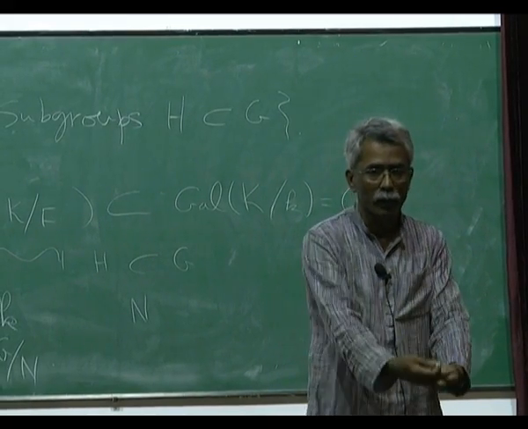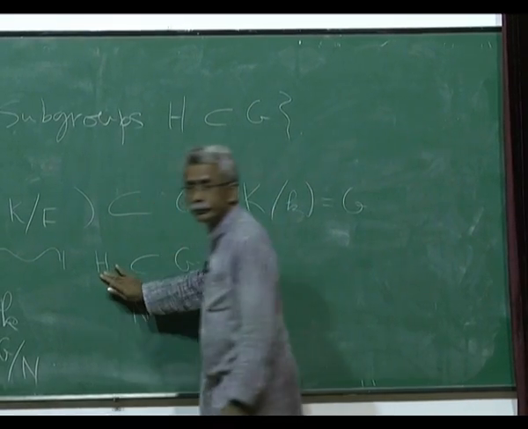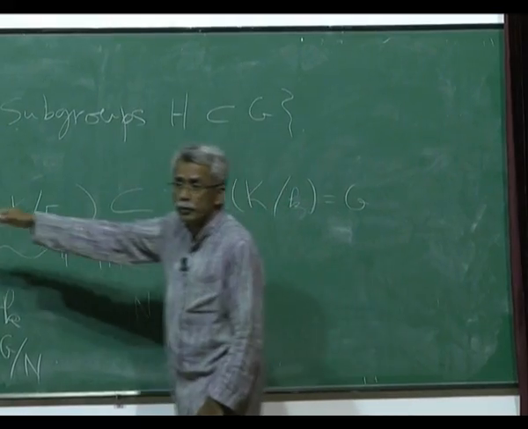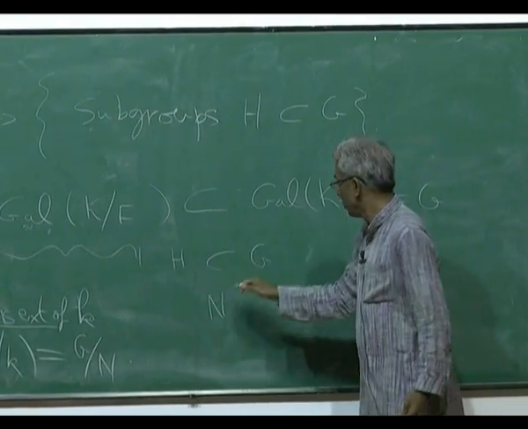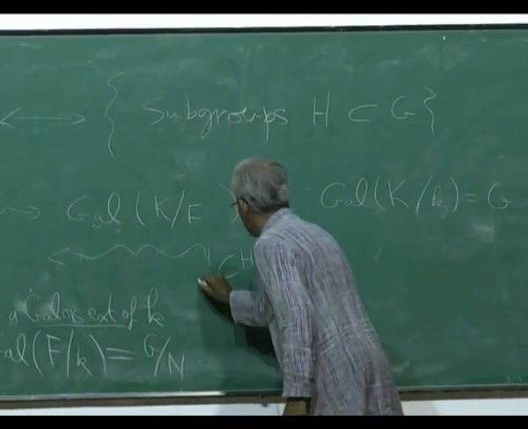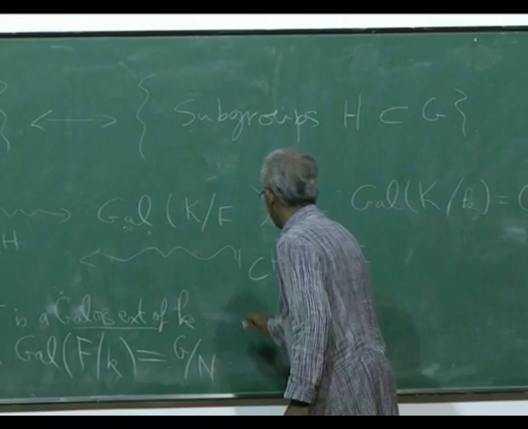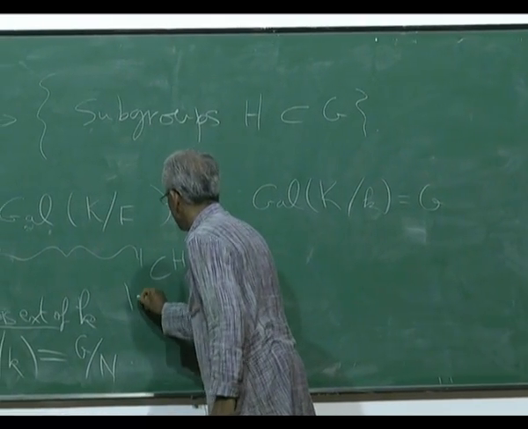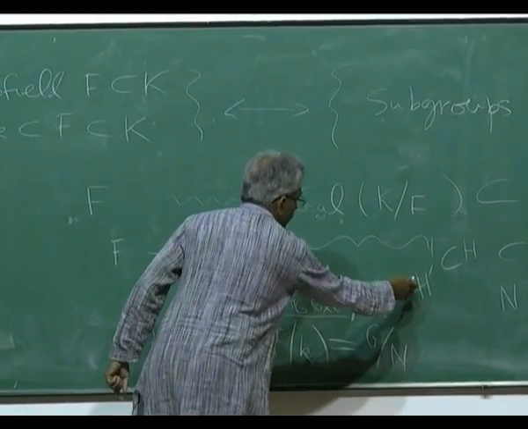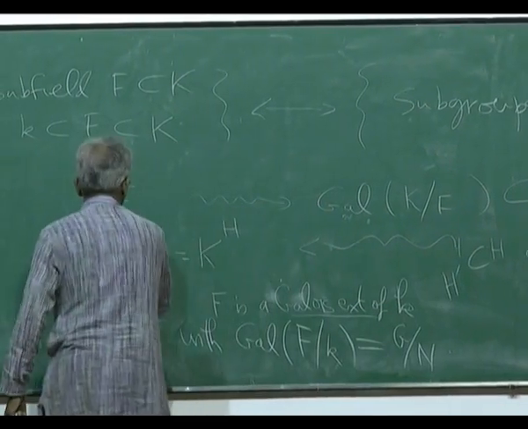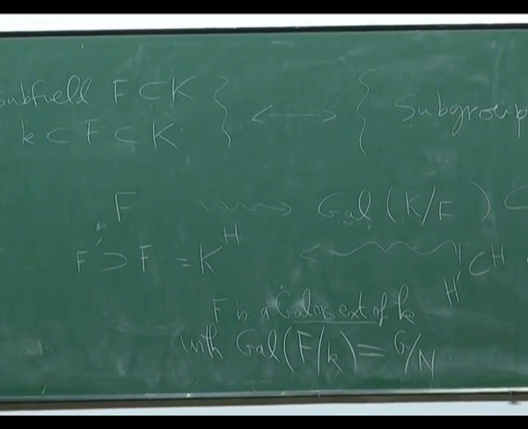Now you take a smaller group. If H here is smaller, the corresponding field will be bigger. So it is inclusion reversing. If H contains, let us say, H prime, then when you take a smaller group, the corresponding field F prime will contain F. So it is inclusion reversing.